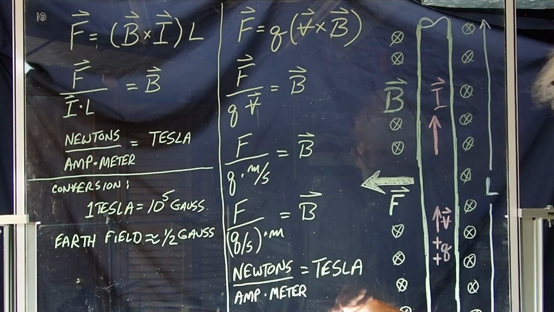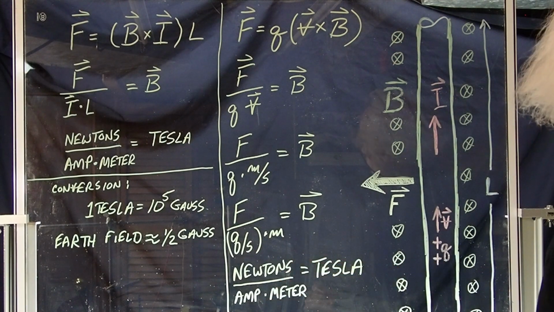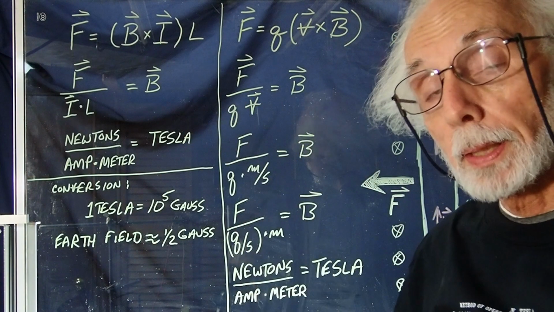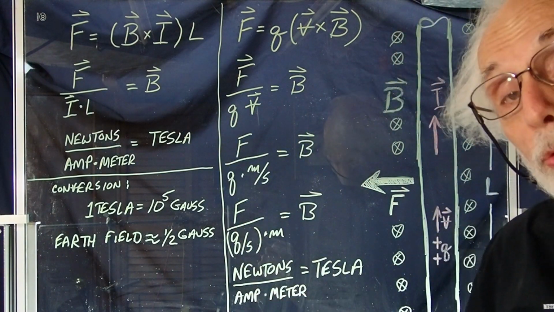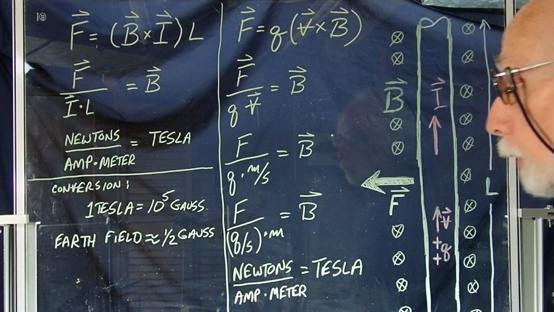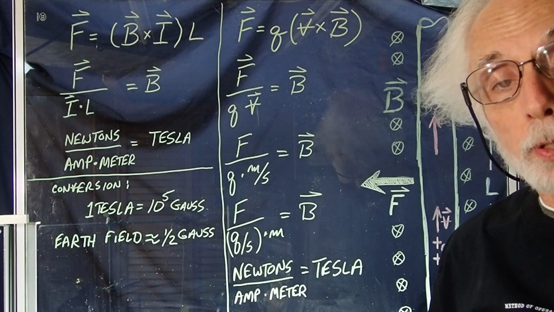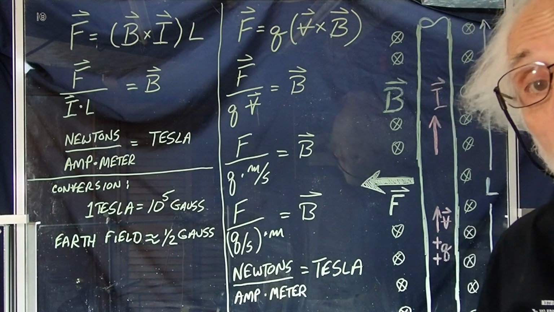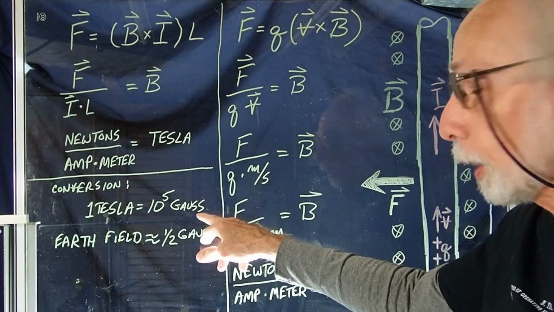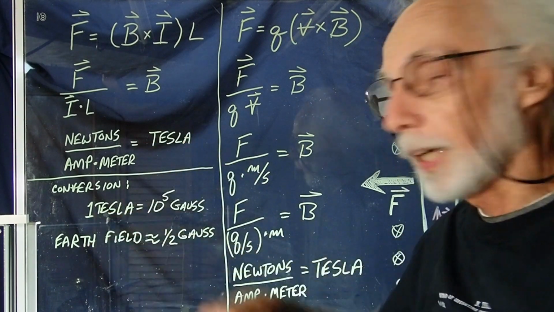Newtons per amp meter. When they first started studying magnetic field, they couldn't produce really large magnetic fields, and so they used a unit that was much smaller that worked well with small amounts of magnetism. That was named after Carl Friedrich Gauss. It was in fact so small that it takes 100,000 of those Gausses to equal 1 Tesla.